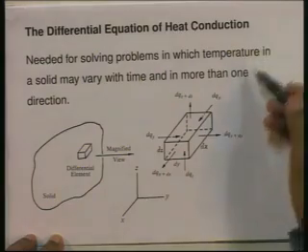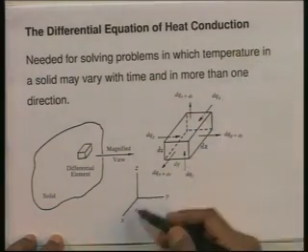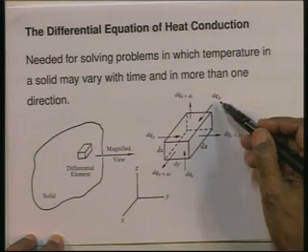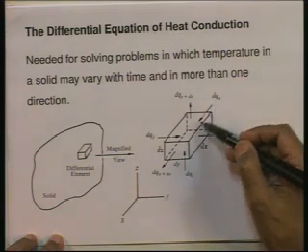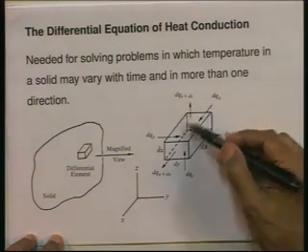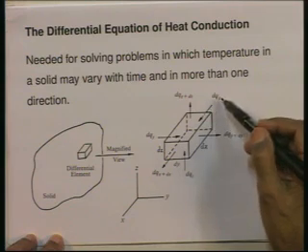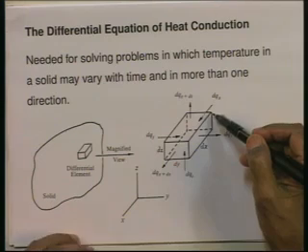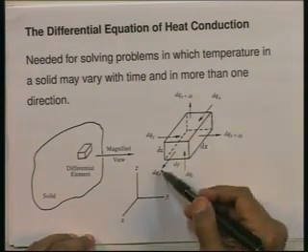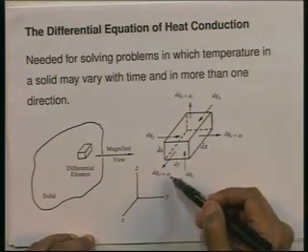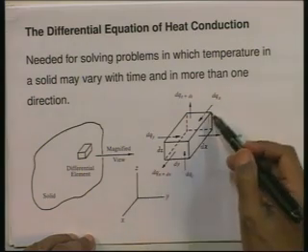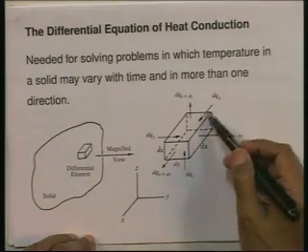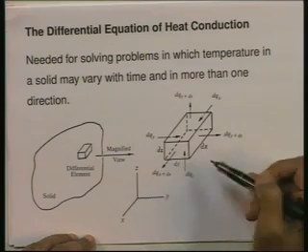Let us take this as our positive direction. So, let us say the heat flowing in the positive direction in this face will be dqx, some differential quantity because it is a differential element, and the heat flowing out here will be dqx plus dx, because we have moved a distance dx forward in the positive x direction.